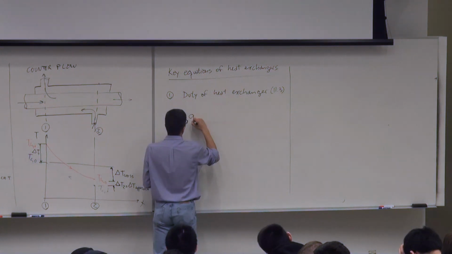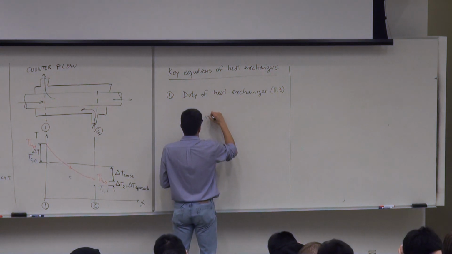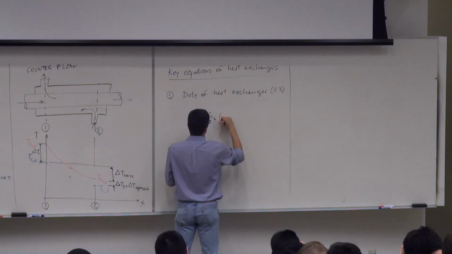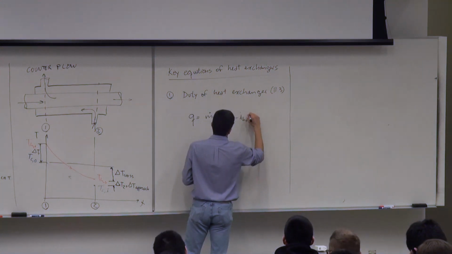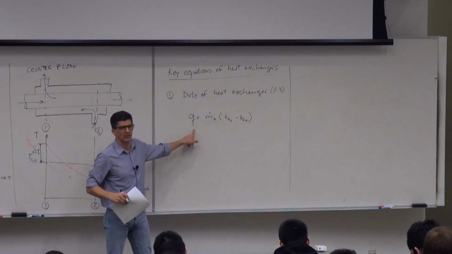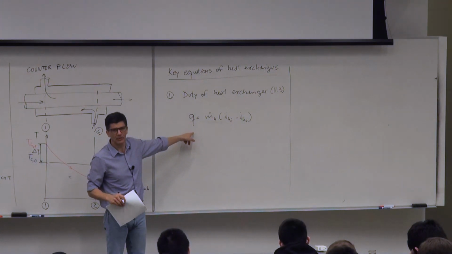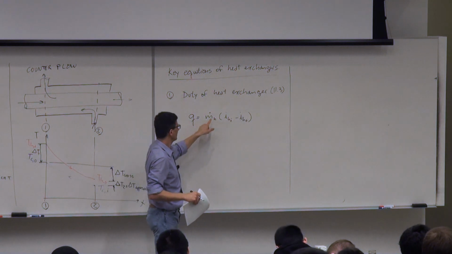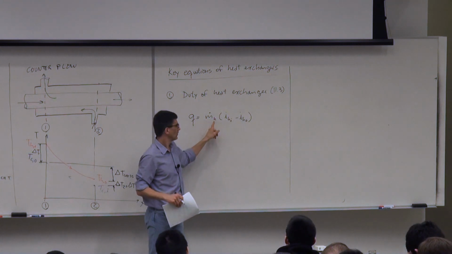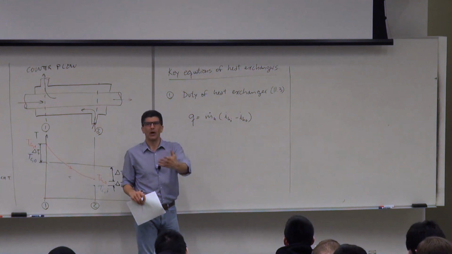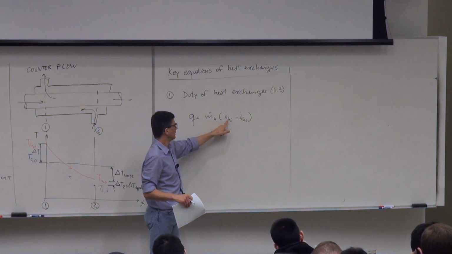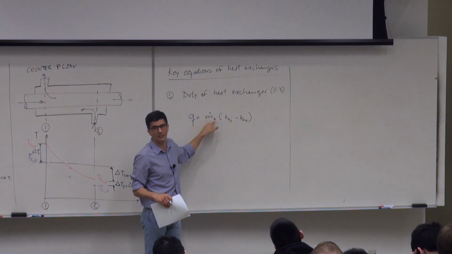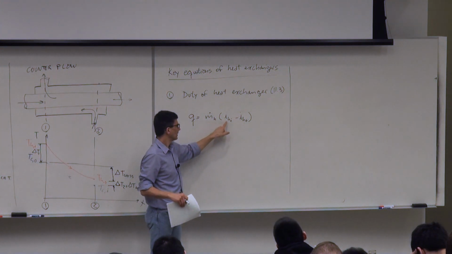So this would be, all right, Q, watts, right? That's duty. Duty of the heat exchanger is mass flow times enthalpy lost. The enthalpy of the, if I put the H, I'm talking about the heat flow, the hot fluid.